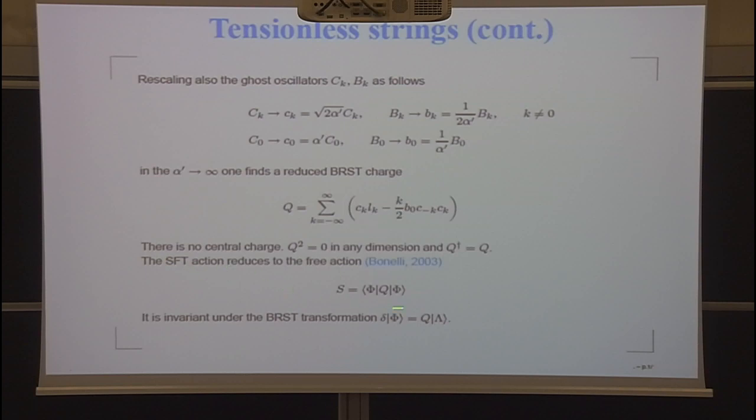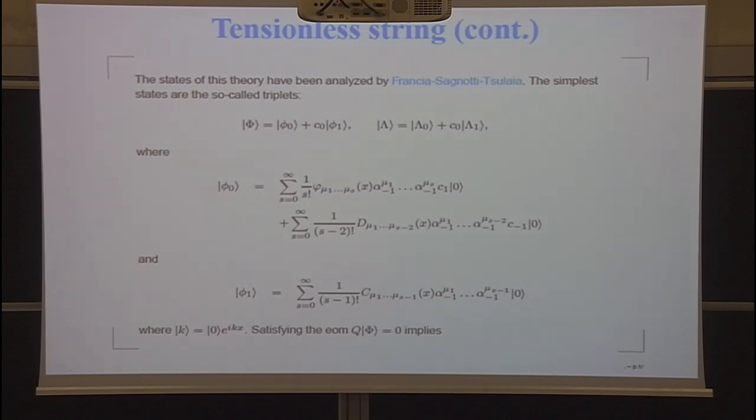In this sense, the action reduces essentially to the free action, apart from some, I don't know how to call it, topological zero mode. Francia, Sagnotti, and Sulaya proved that in this way you can make contact with Fronsdal theory by constructing fields of this kind, phi, D mu, and C mu.